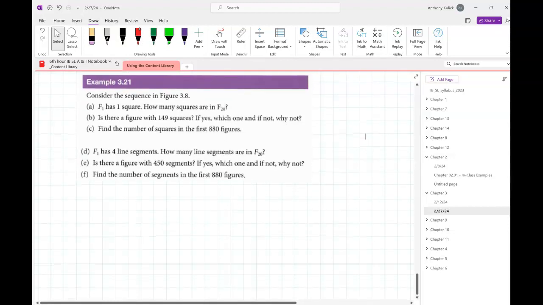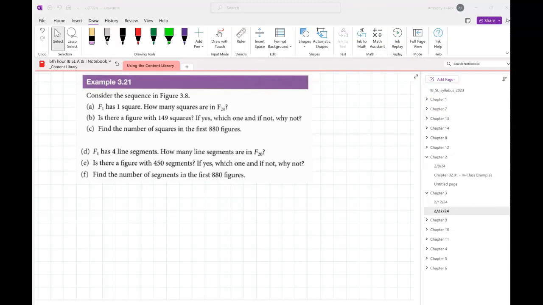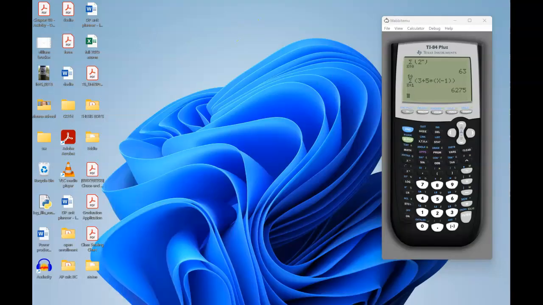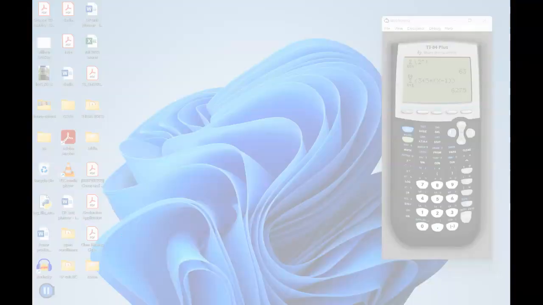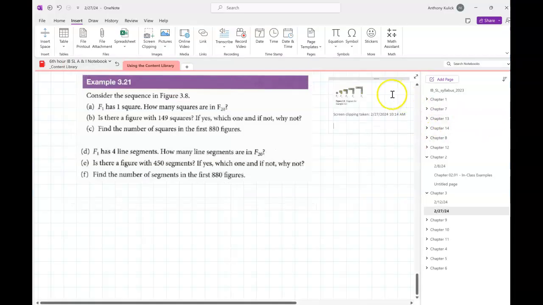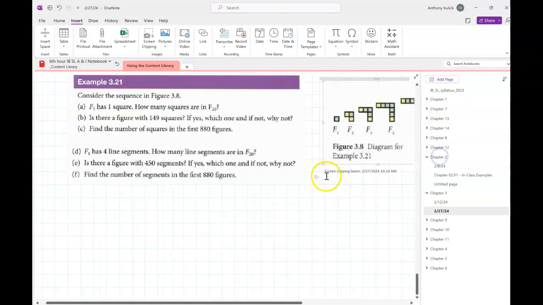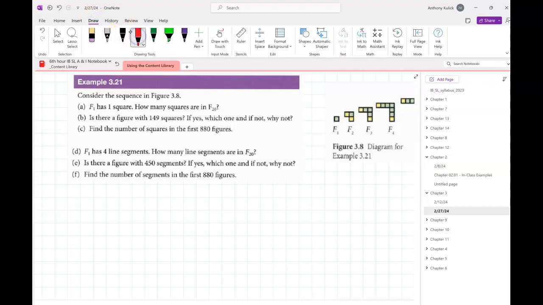Let's do one more example here and then move on to geometrics. Consider a sequence in figure 3.8. F1 has 1 square. How many squares are there in F20?